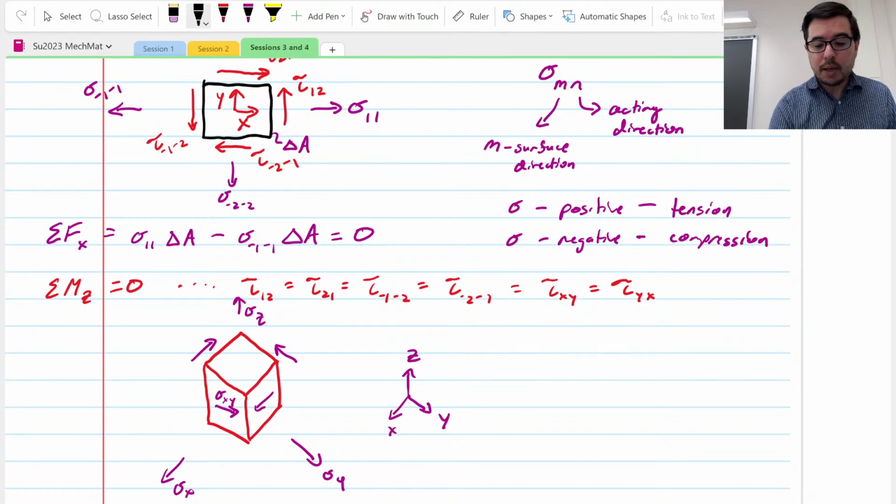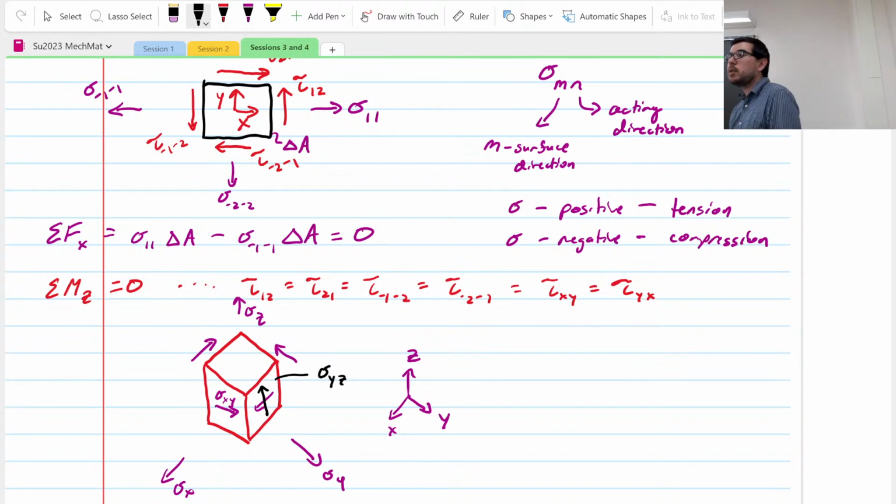But I could have, for example, a shear stress acting on this face, which would be, actually, you tell me, what is it? It's a sigma yz. Good. Good, Carlos. That's a sigma yz. That sigma yz doesn't have to be equal to the sigma xy. And often it is not.